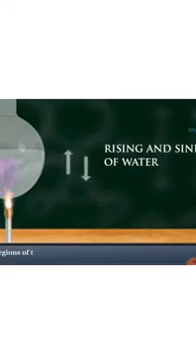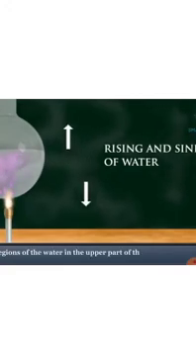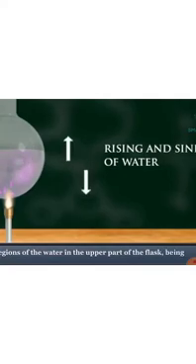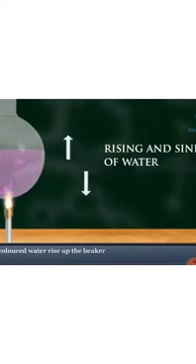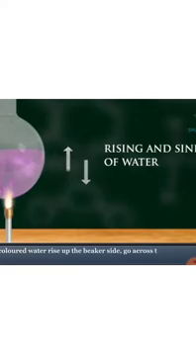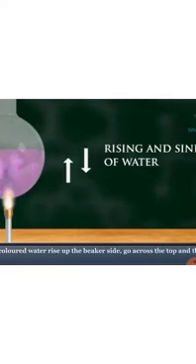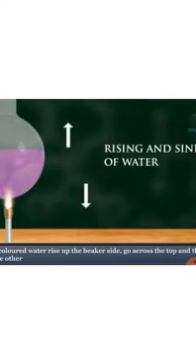The cooler regions of the water in the upper part of the flask, being denser, sink. Observe the colored water rise up the side, go across the top and then sink down the other side of the beaker. This is called convection of heat in liquid.